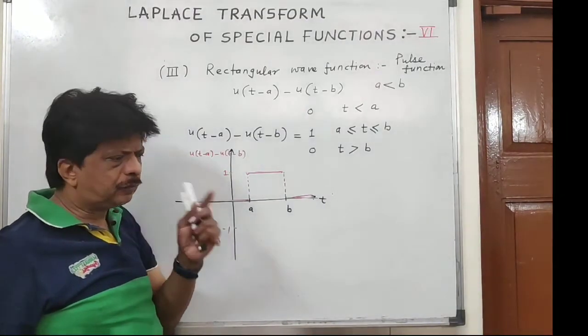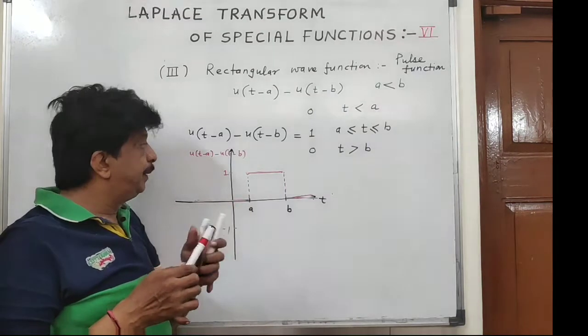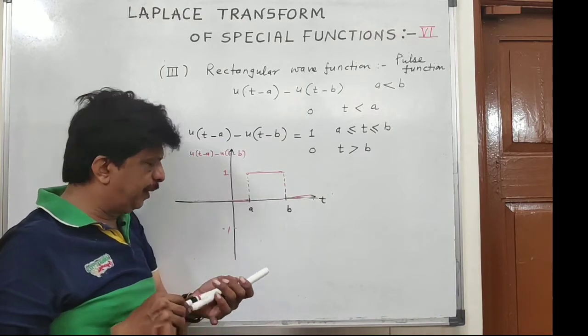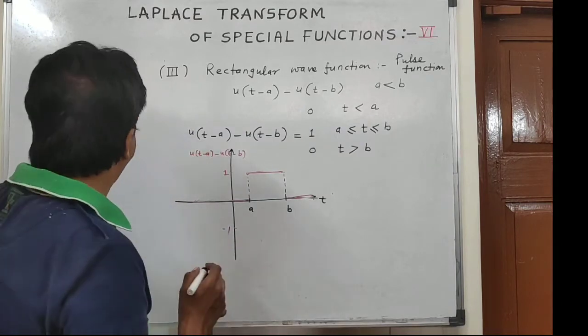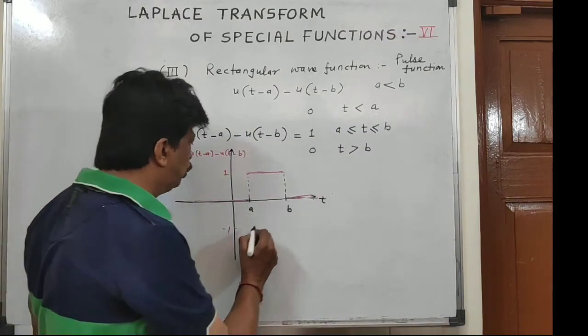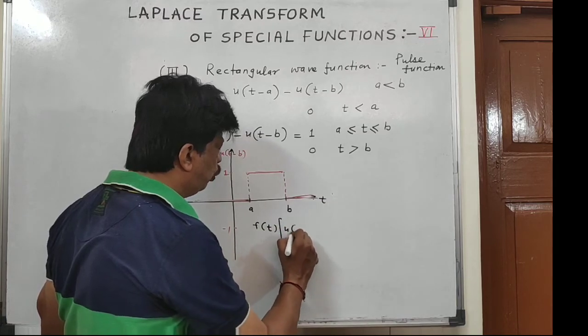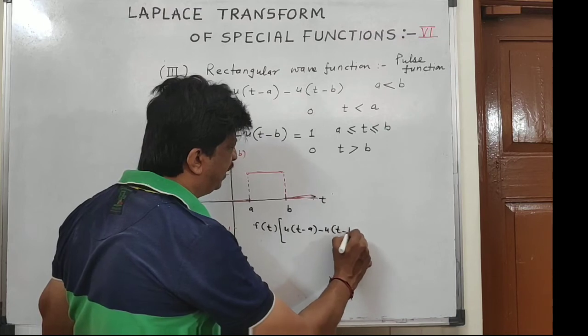Now, the effect of multiplying this rectangular wave function with any arbitrary function f of t: f of t into u of t minus a minus u of t minus b.